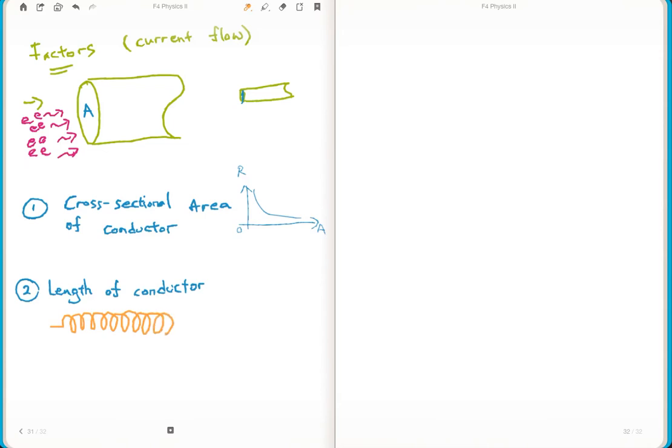You coil it up, and the conductor has the same cross-sectional area, but if you measure the length from here to here, obviously this one will be longer than this one, right? Because you curve it already, so the total length is more. So this one is longer.